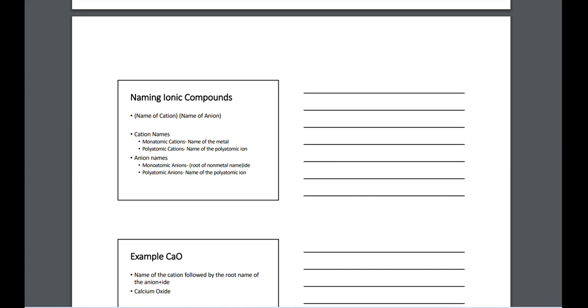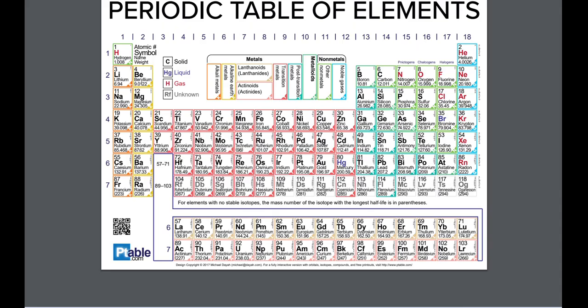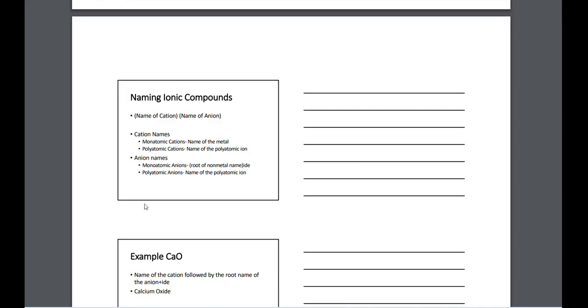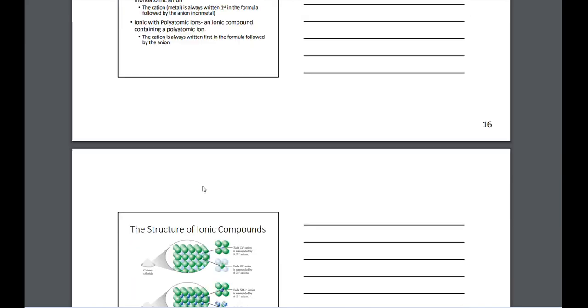When it comes to naming the anions, if it is a monoatomic anion, examples are fluorine, chlorine, bromine, etc. Those are monoatomic anions. Or the anion could be a polyatomic anion, which would use the name of the polyatomic ion. Examples of polyatomic anions are everything on this table, with the exception of the ammonium.